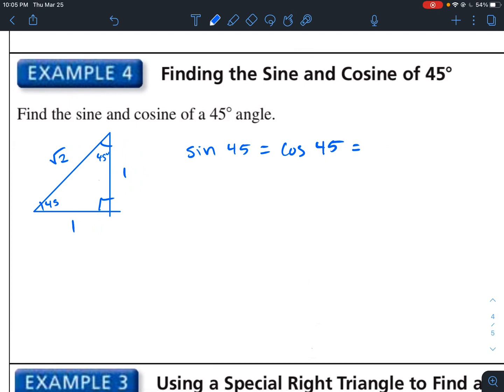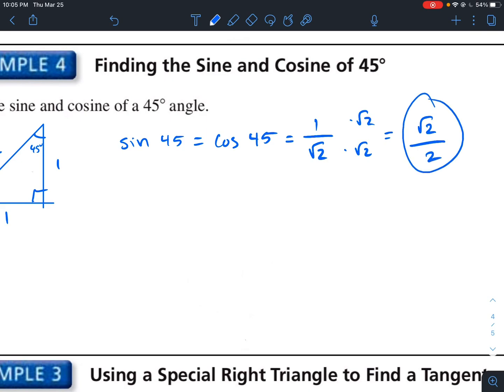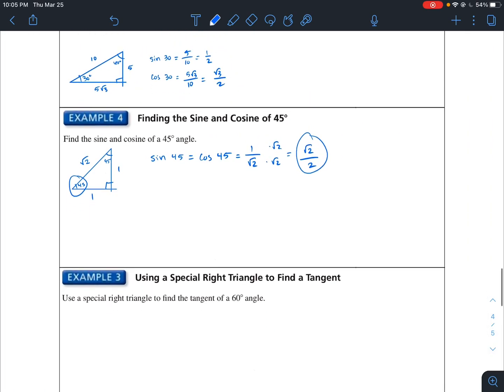Using this angle, the opposite would be 1 and the hypotenuse would be square root of 2, and then we just need to simplify by multiplying top and bottom by the square root of 2, so I get square root of 2 divided by 2. And that's all you have to do there.